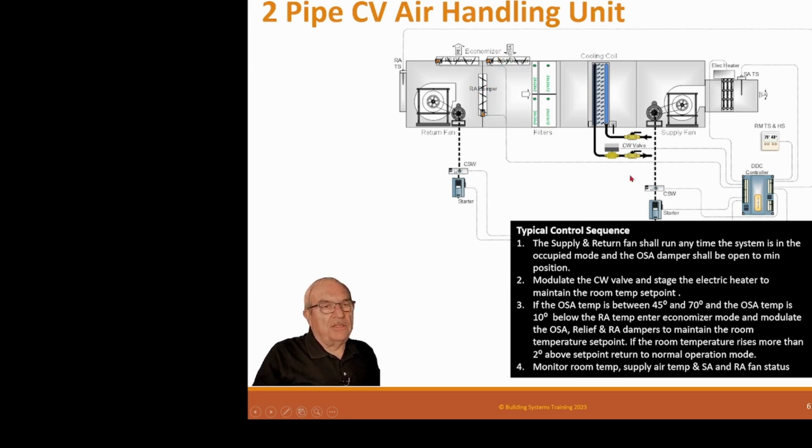So modulate then the chill water valve, and this is a modulating valve. It's not 2-position, but modulating. And remember, the valves are always on the return pipe. And the reason for that is if you put it on the supply pipe, there's many guys argue that that's okay. It's not okay. And the reason is because it can cause air to separate from the water because of the way it's a throttling device.